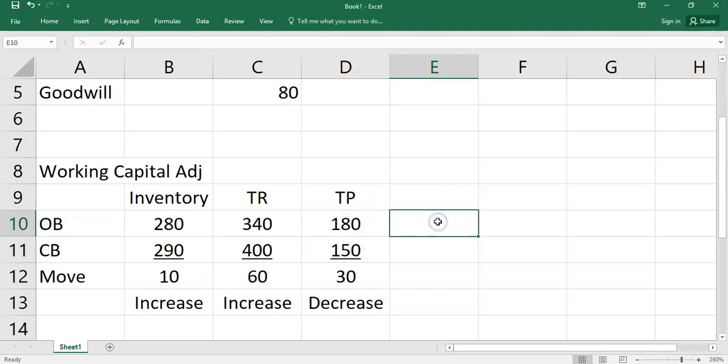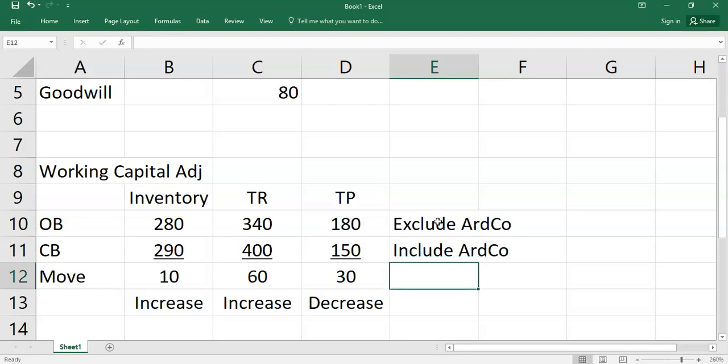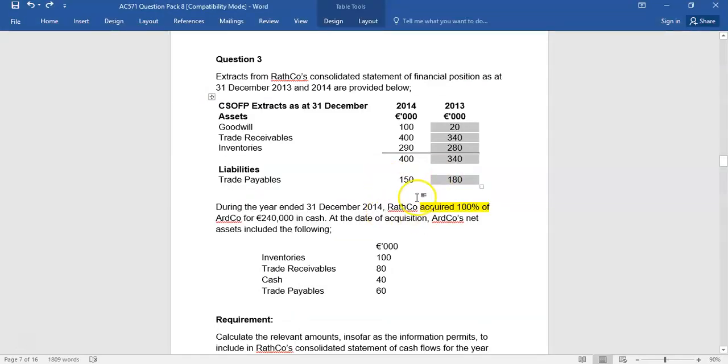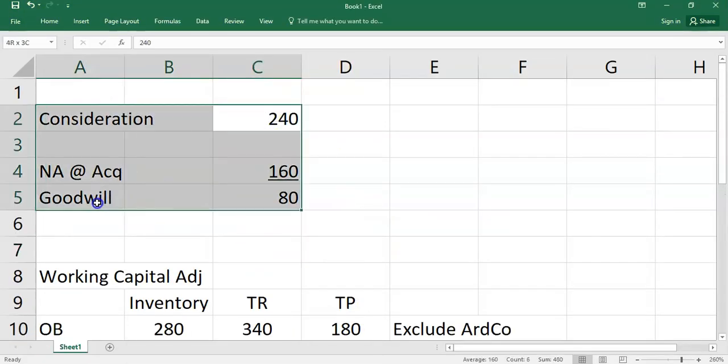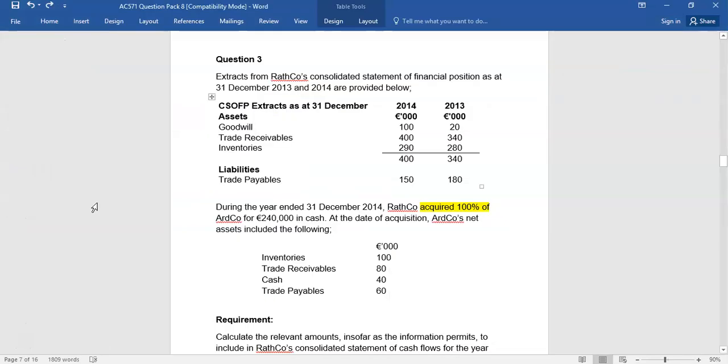So these opening balances exclude Ardco, whereas the closing balances include Ardco. Because you've acquired Ardco during the year, the consolidated statement of financial position at the year end, like we know for goodwill, includes the 80 from our acquisition during the year. So it helps explain the movement and figure out if there's any impact in the cash flow statement.